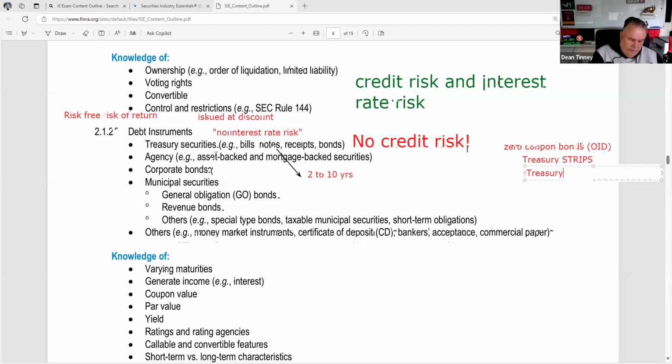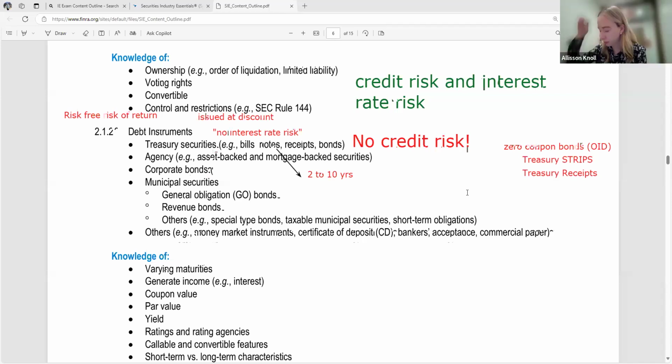And then we have versions that have been created by brokerage firms called Treasury receipts. Same general idea, except now it's the broker dealer, the financial institution, that's stripping the Treasury notes or the Treasury bonds of their coupons and selling those pieces separately. There's a couple of test questions about strips in general, whether it's a Treasury strip or Treasury receipt or it's a corporate.